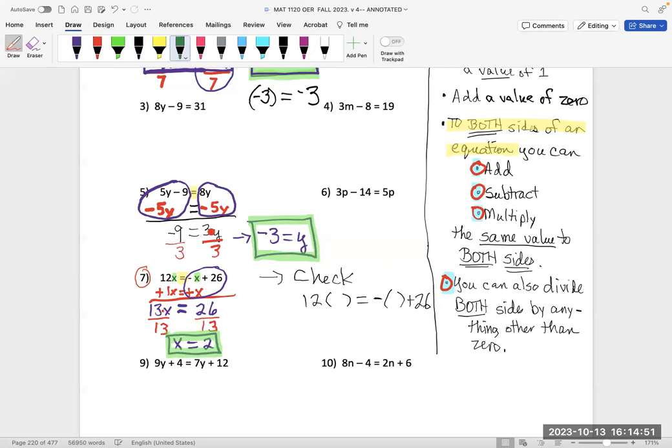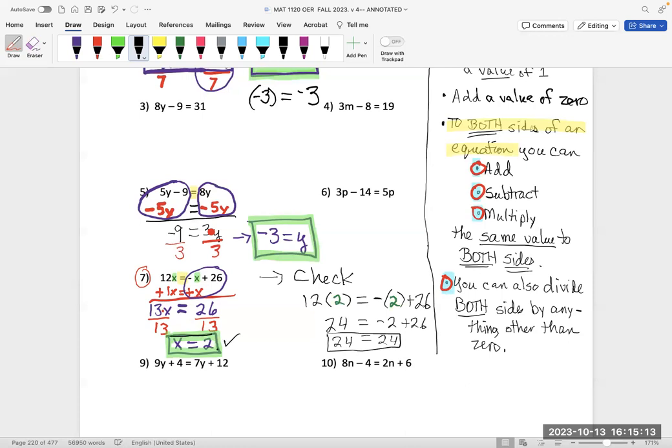Our algebraic skills showed us that when x is 2, this equation should be true. So let's check. 12 times 2 is 24. The right side, negative 2 plus 26 is in fact 24. So our original equation is true whenever x equals 2.